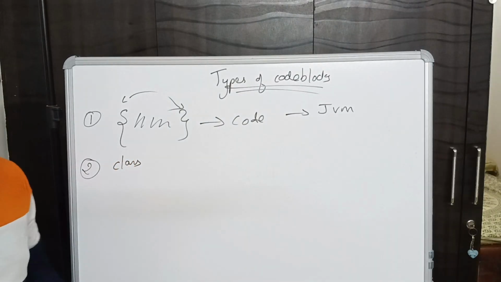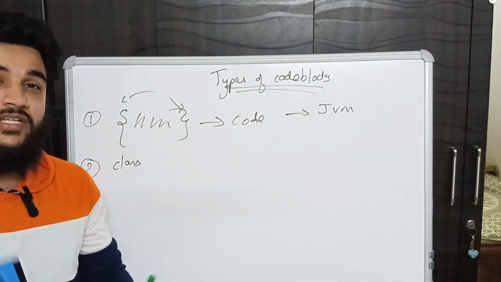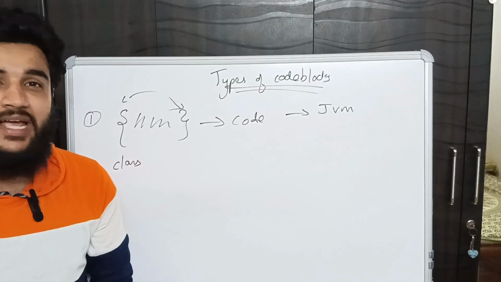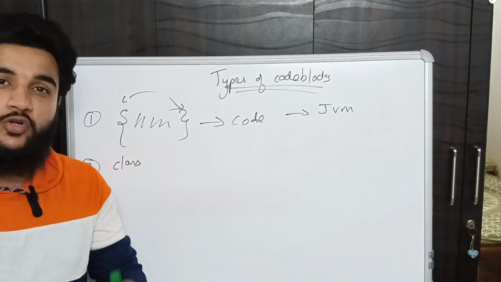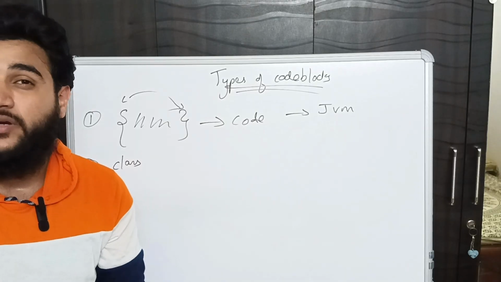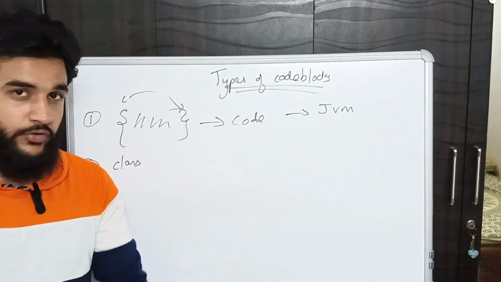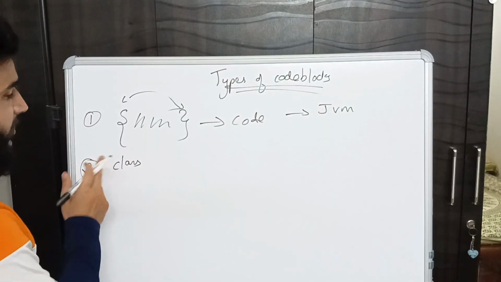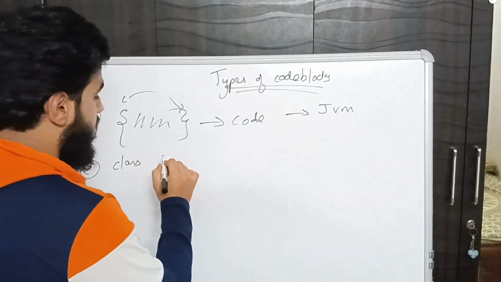This is a special type of code block within which you will have special functionalities, special behaviors, and special things that you want to execute when your data has arrived, when you want to manipulate your data, or whatever you want to do within your code. If anything has to be executed, it has to be present in a class.